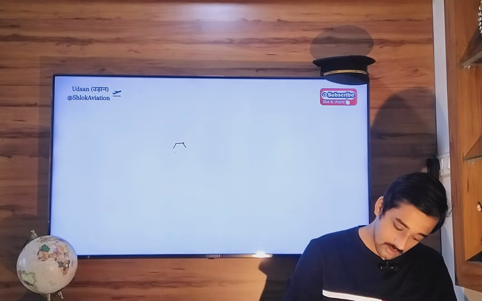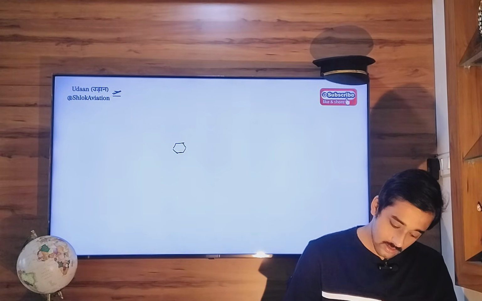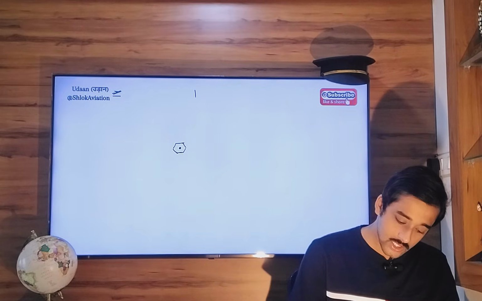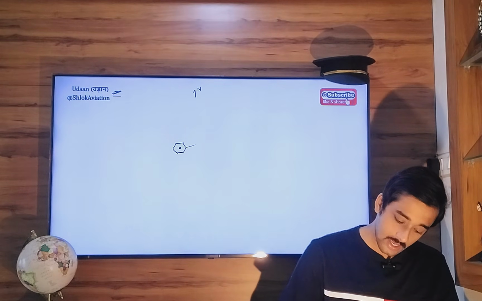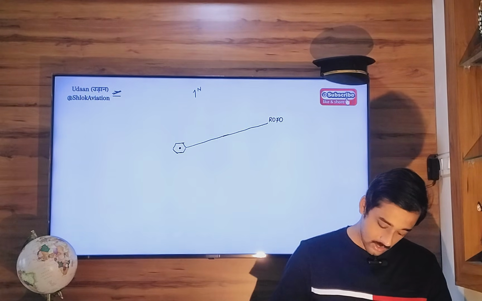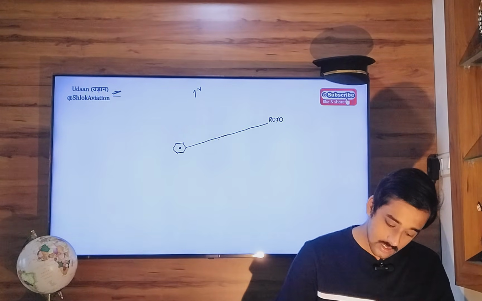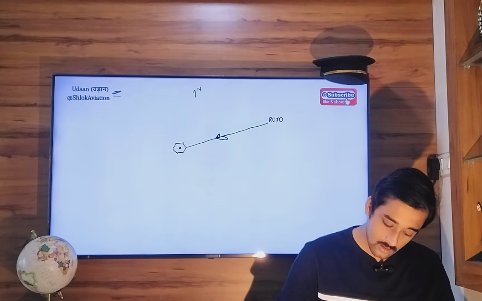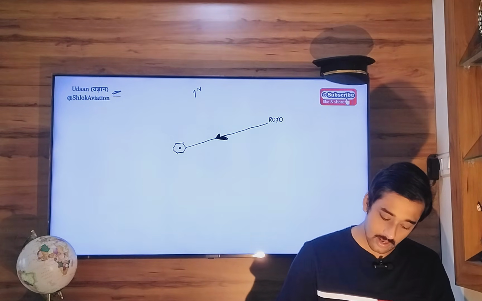So let's consider this is the VOR station. This is your north datum. Radial 070. Your aircraft is somewhere here at a particular heading.